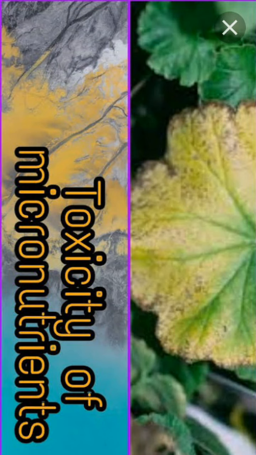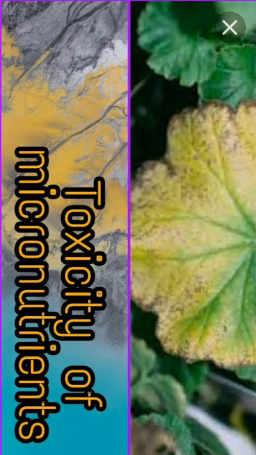You can see the leaf which is affected by manganese on the screen. So it is important to know that manganese competes with iron and magnesium for uptake, and with magnesium for binding the enzymes.